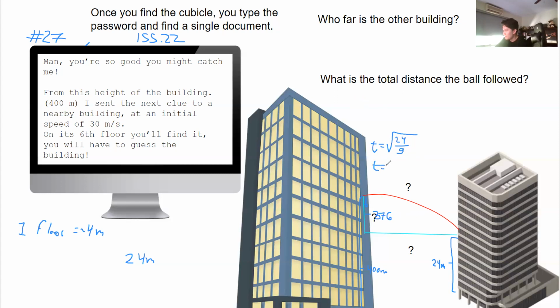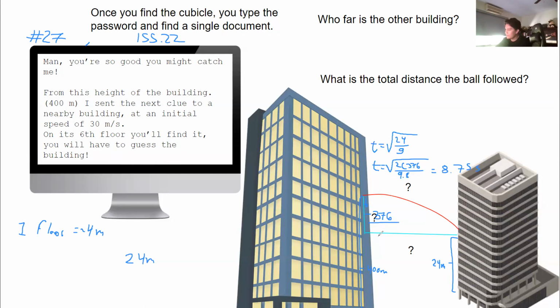So with y being 376 over 9.8, we input it in our calculators. And we get that the time it took to fall down was 8.75 seconds.